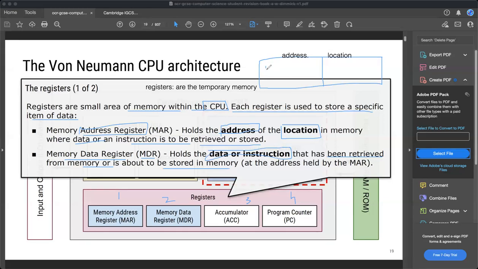Like I'm writing the data here, listen, this is my data and this is my location, right? So this data is stored in MDR, and this address and location will be stored in MAR. So the memory address register stores the address, and the memory data register stores the data or instruction which is retrieved or stored.